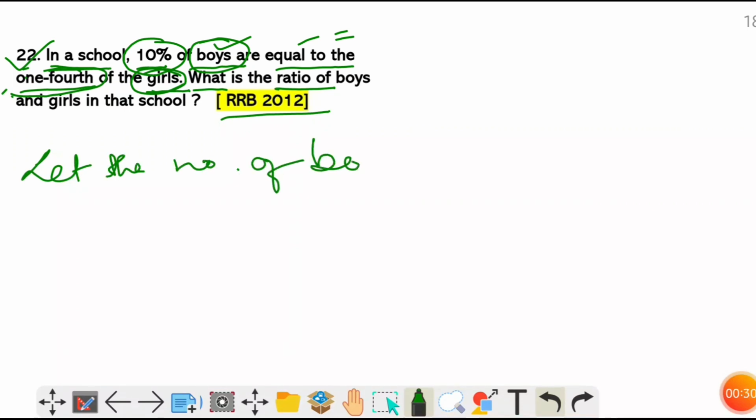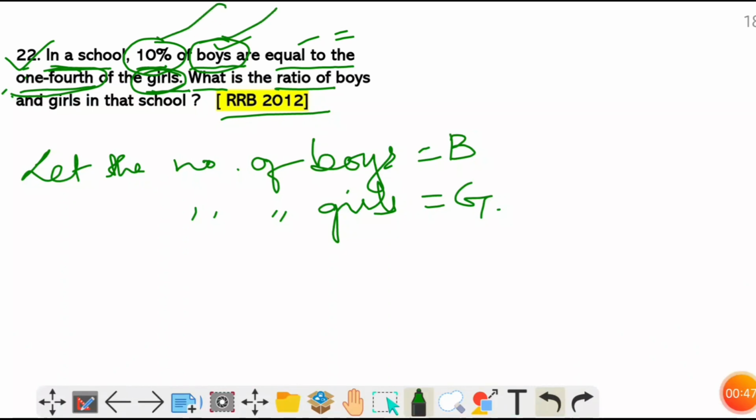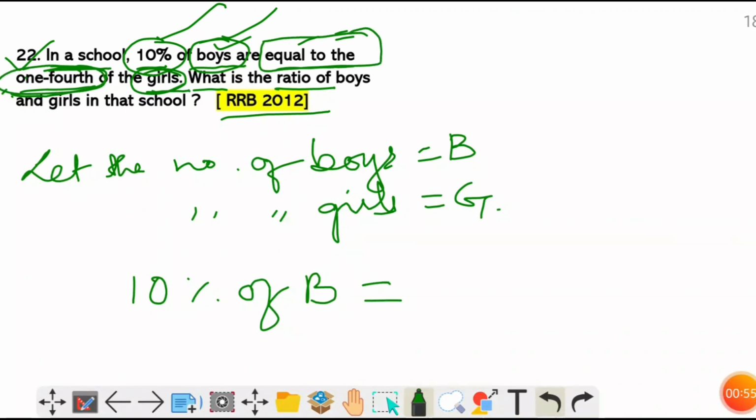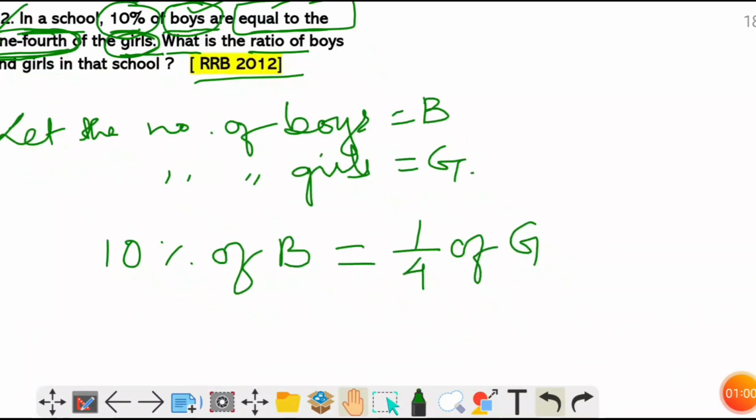Let the number of boys be B and the number of girls be G. Using the first sentence, 10% of boys equals 1/4 of girls, that is G.